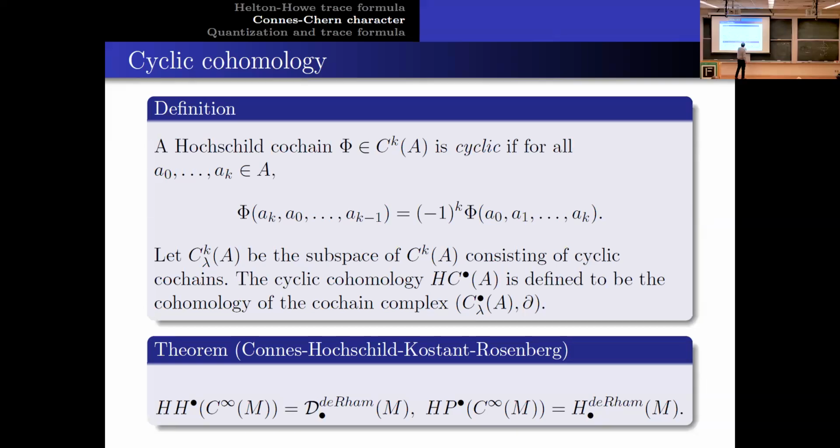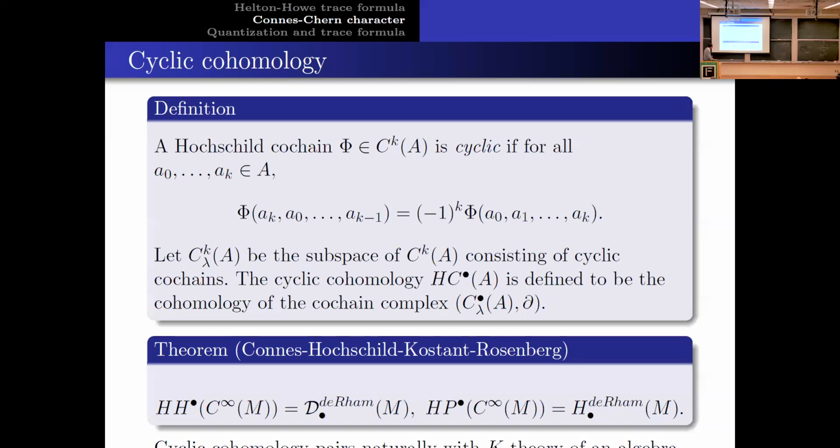And here I have cheated a bit. This is the stabilization of this object, the periodic cyclic cohomology. When we do the stabilization, we don't see those closed forms or closed currents anymore. These are just the usual de Rham homology of the manifold. So you can see that the cyclic cohomology provides us the right topological information, de Rham theory, for non-commutative geometry.